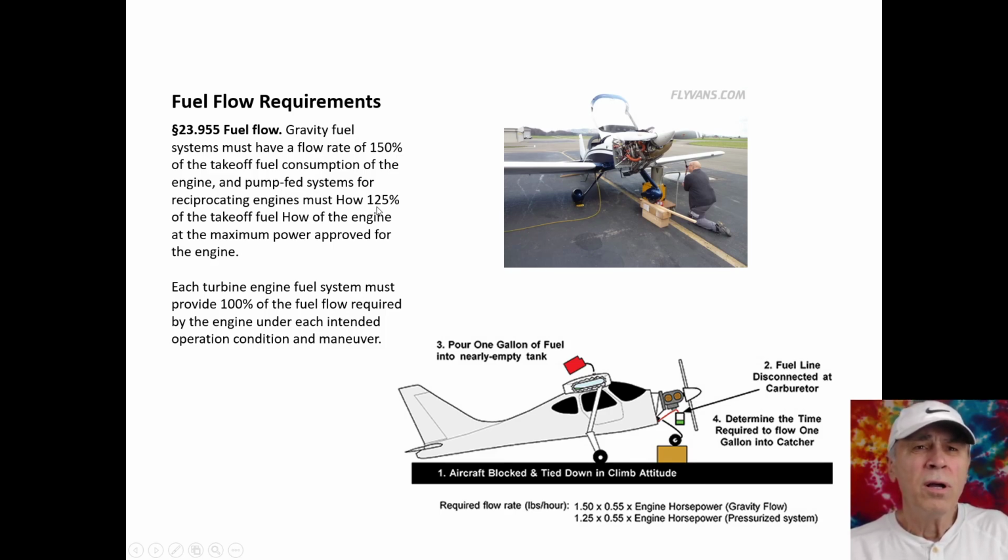It's a little lower, 125% of the takeoff fuel must be able to be flown. And for turbine engines, it must be at least 100% of the fuel flow required by the engine under each intended operating condition and maneuver. So you're not required to have the additional 50% safety factor on a turbine engine, or the extra 25% from a pump to a gravity feed.